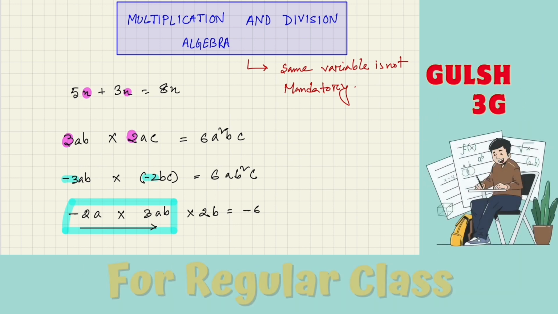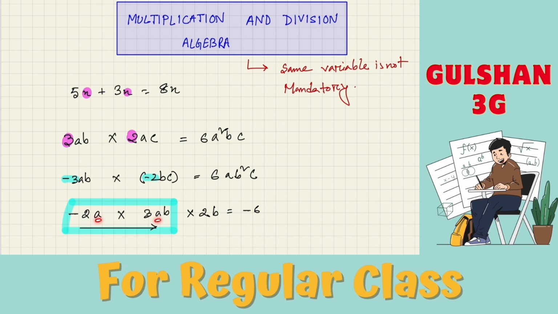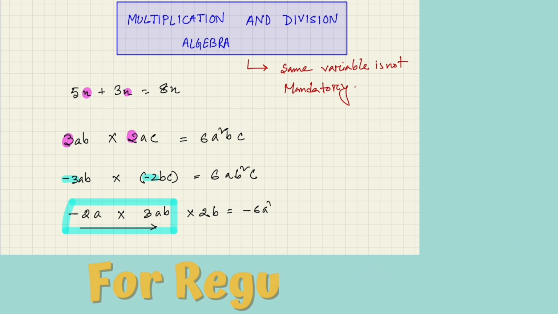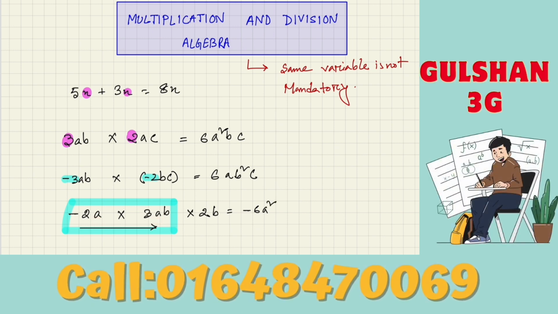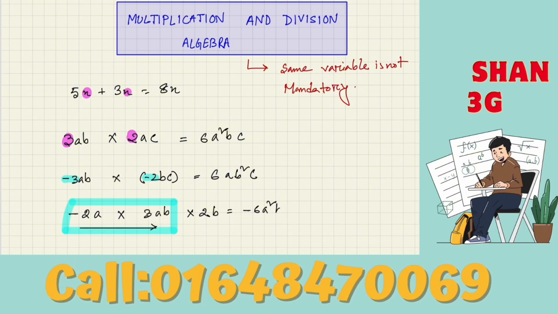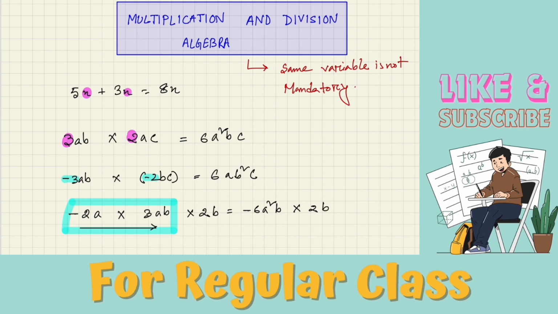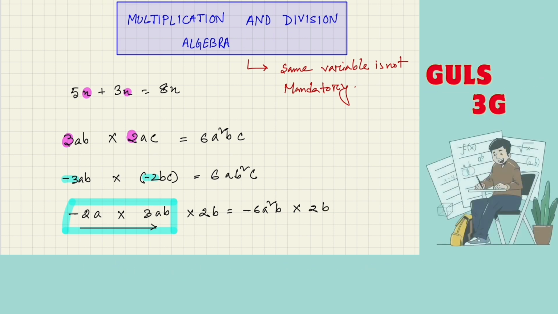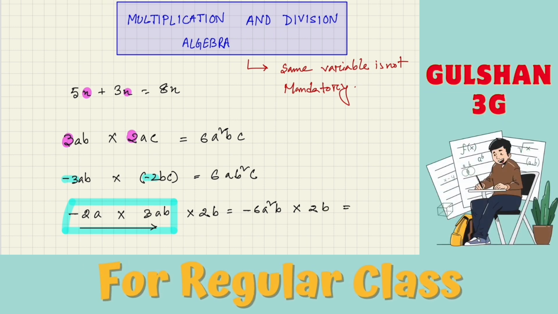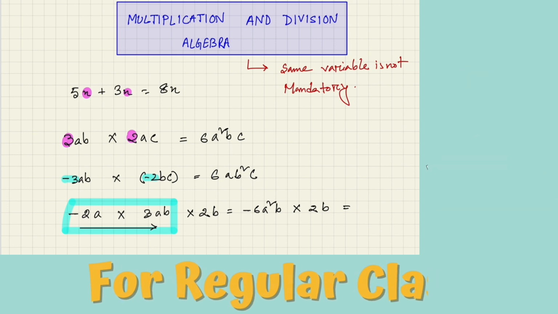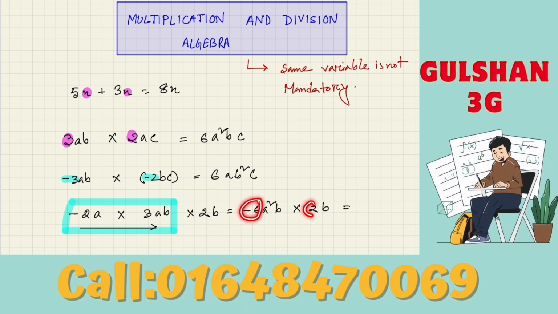How many a are there? 1a, and here is a, so 2a, that is a square. Here is a b, so that is b. It will be multiplied with the 2b. Then we will multiply it again. This is a negative number and this is a positive number.